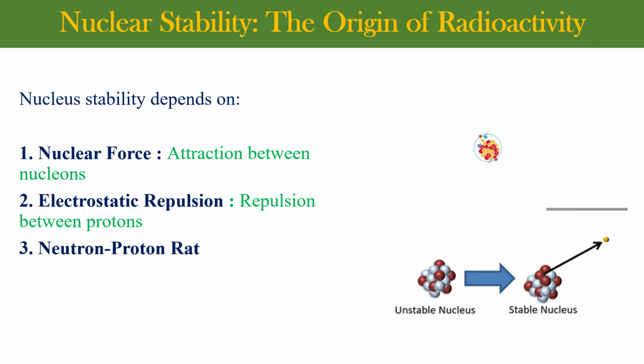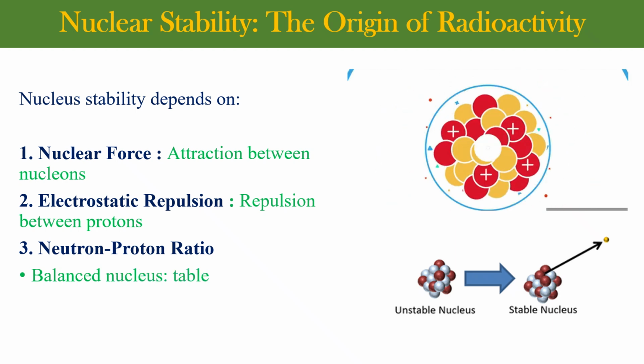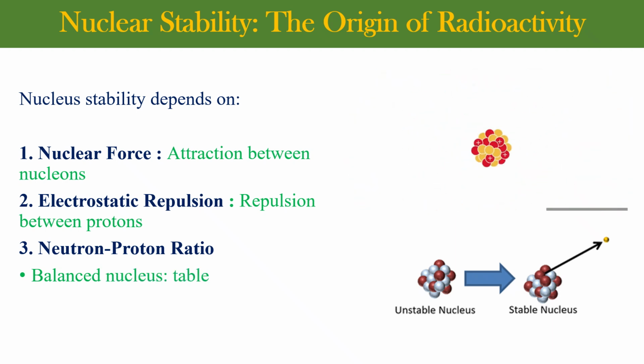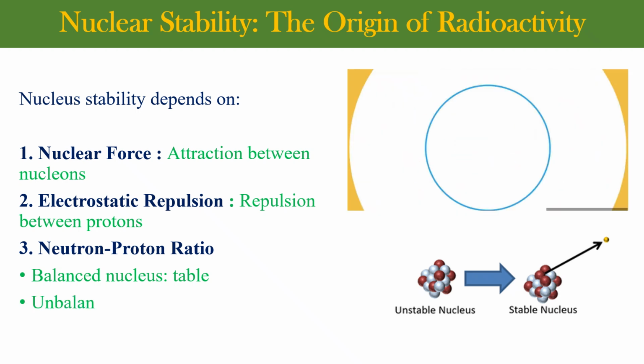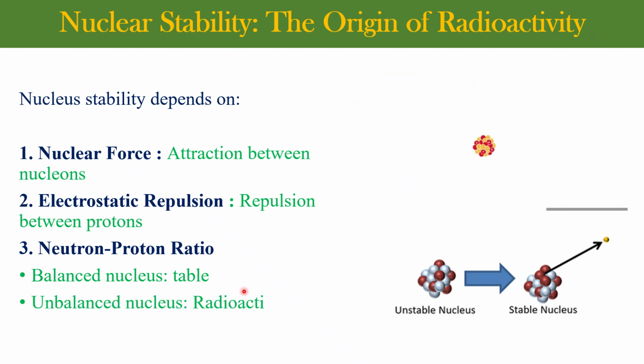If the neutron and proton balance is disturbed, the nucleus becomes unstable. The unstable nucleus releases energy in the form of radiation. This process is called radioactive decay. Therefore, radioactivity is not a random process, it is the result of nuclear instability.